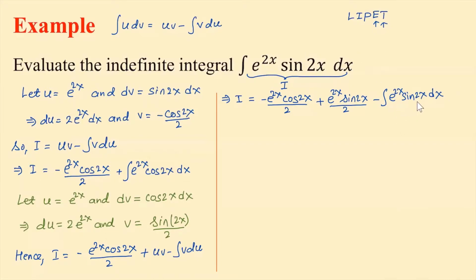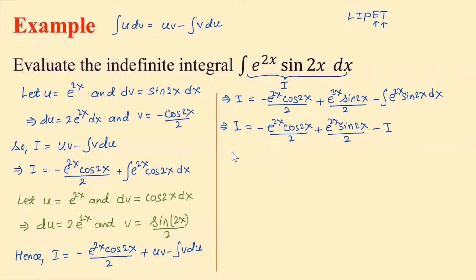Now, what we are going to do is, we are going to substitute this by I again. So we can write like this, I equal to negative e to the 2x cosine 2x over 2, plus e to the 2x sine 2x over 2, minus I, because this is same as the original integral I. Now we can bring this I on the left hand side, or you can add I on both sides.